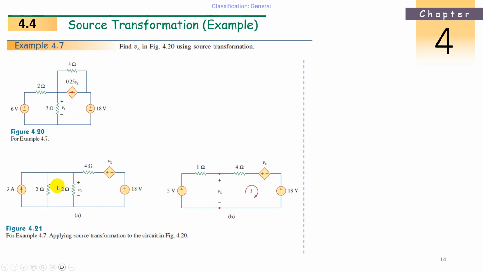So 1 ohm resistance will come here. So this 1 ohm resistance and the 3 amperes current source again are converted into voltage. So what is the voltage equation? V is equal to IR. I is 3 amperes. What is the resistance? 1 ohm because of these two in parallel. So 3 into 1, 3 volts. Now 1 ohm is the resultant resistance.